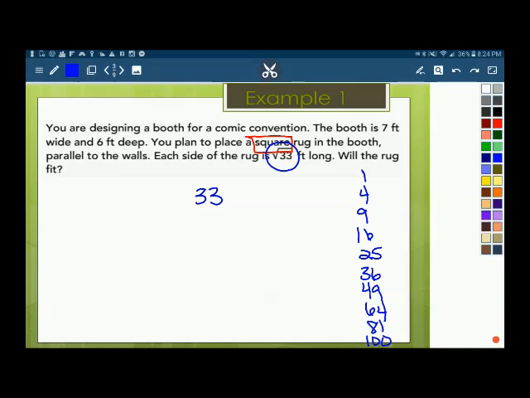So what I want you to do is think of what two consecutive perfect squares 33 is between. When I say the word between, I want you to write two less than symbols on each side of 33. This is signifying that 33 is between something.